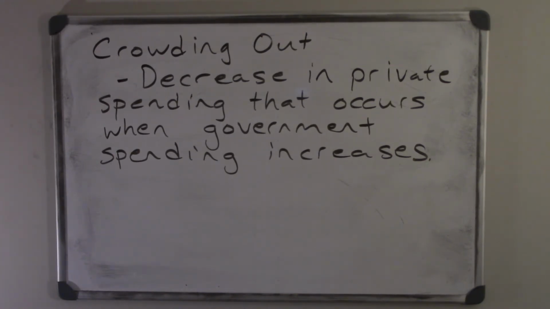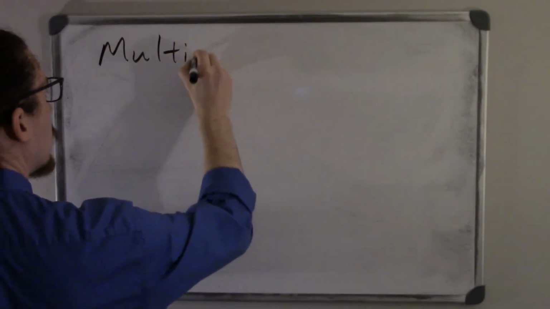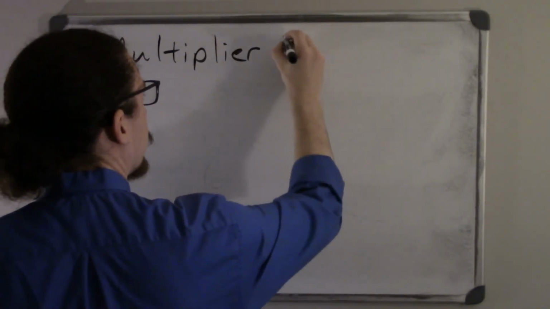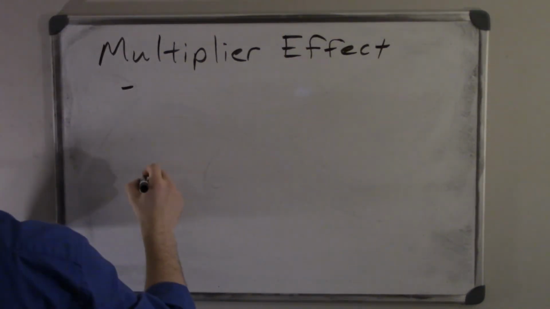All right, so not only can the increase in government spending not crowd out the private spending, it can actually also increase the amount of private spending. This is known as the multiplier effect.